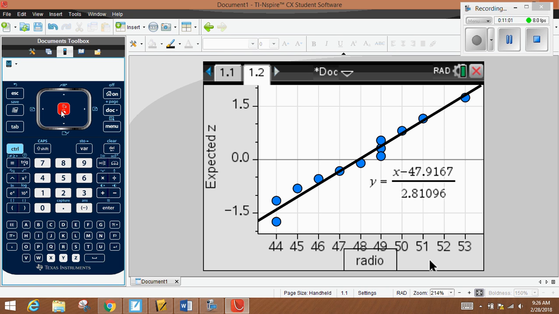Right? So you could write on your test, I looked at a normal probability plot of the data. It looked to be approximately normal, and then draw the box plot, whatever. You can do a bunch of different things. It's really nice to include some sort of graph of the distribution to say that you did actually look at it, not just to say, I put it on my calculator. All right? Okay.